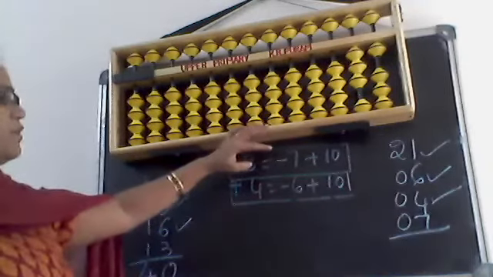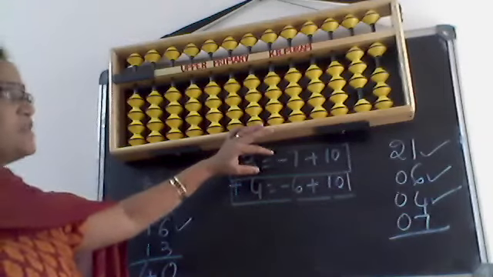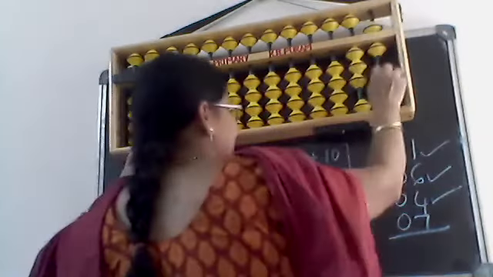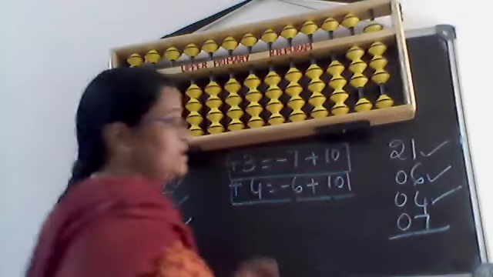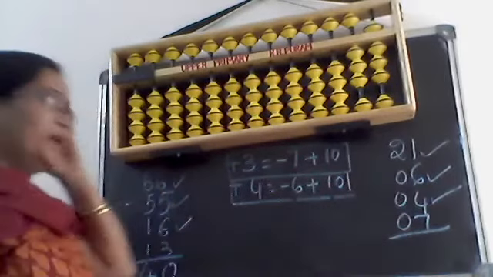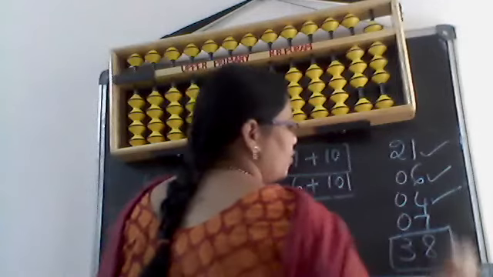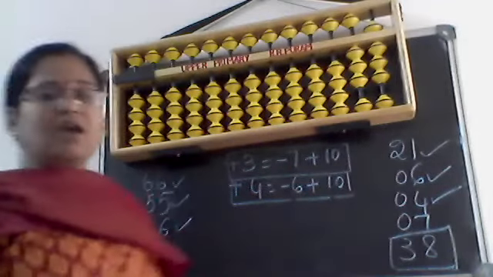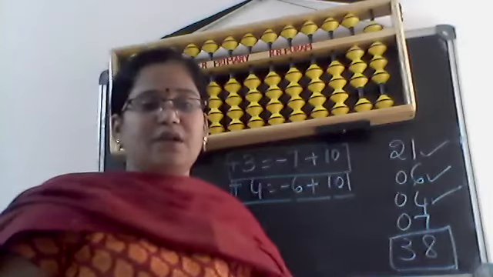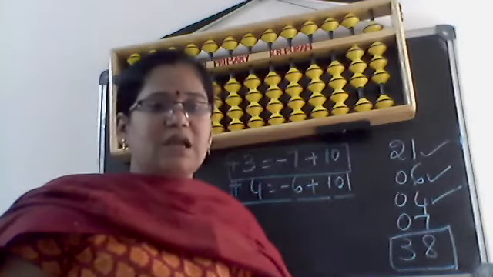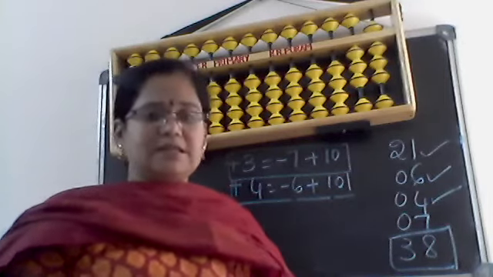Now we will go with 7. How to add 7? 5, 6, 7. The answer is 38. So hope you understood today's session about the addition of big friend plus 3 and plus 4 related sums.